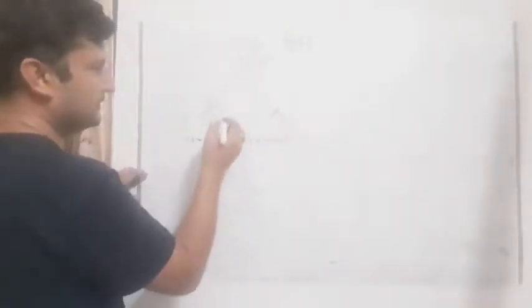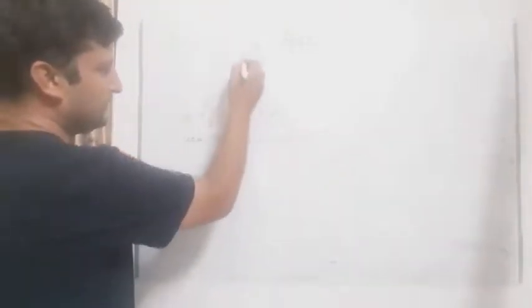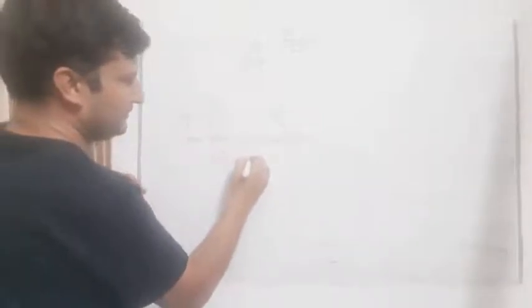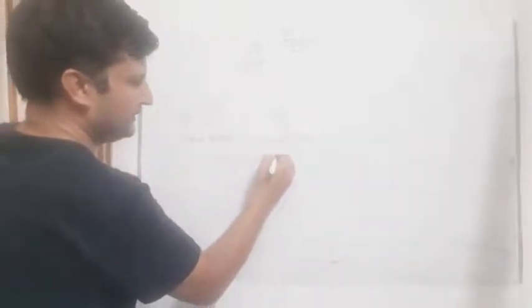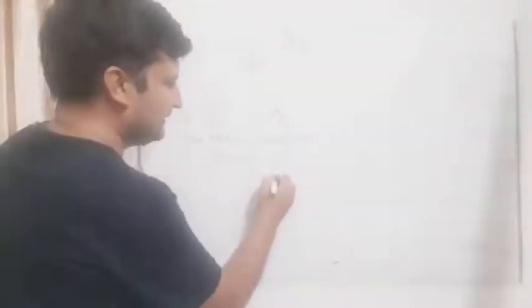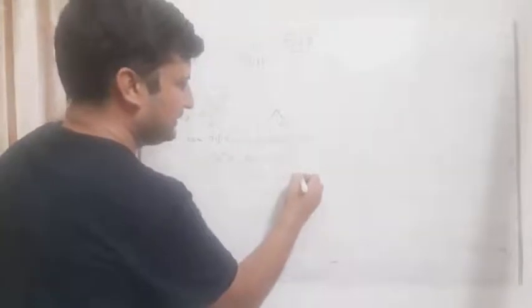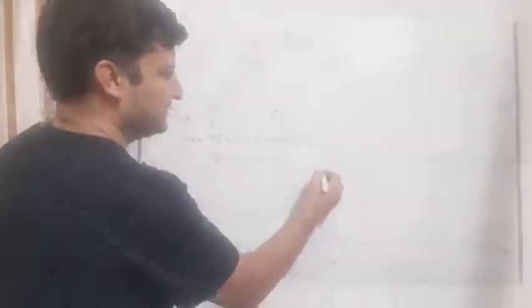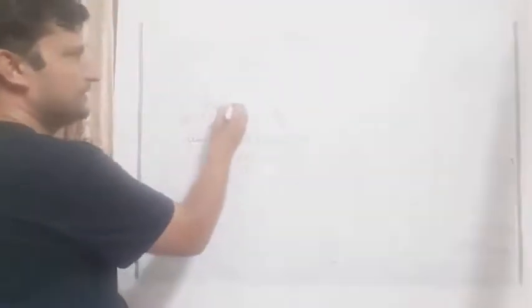So students, we can say that 110 degree plus angle PQR is equal to 180 degree. So angle PQR is equal to 180 minus 110 degree, that is 70 degree. So the angle of this is 70 degree.